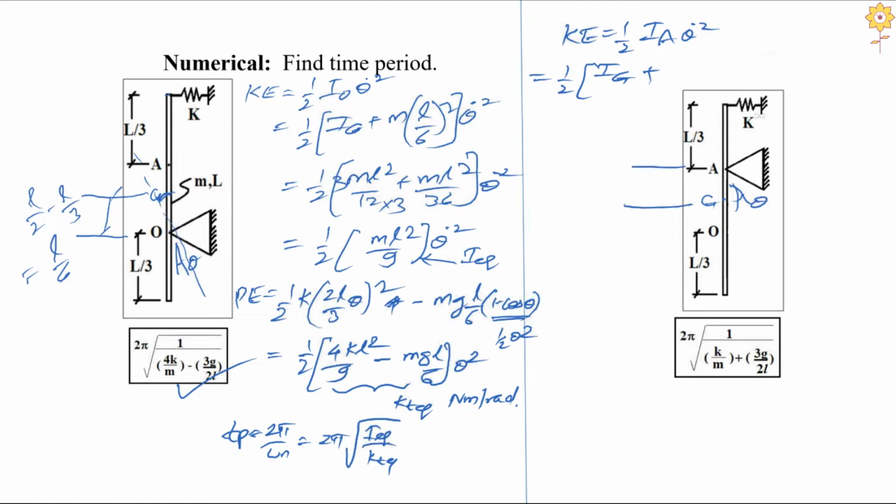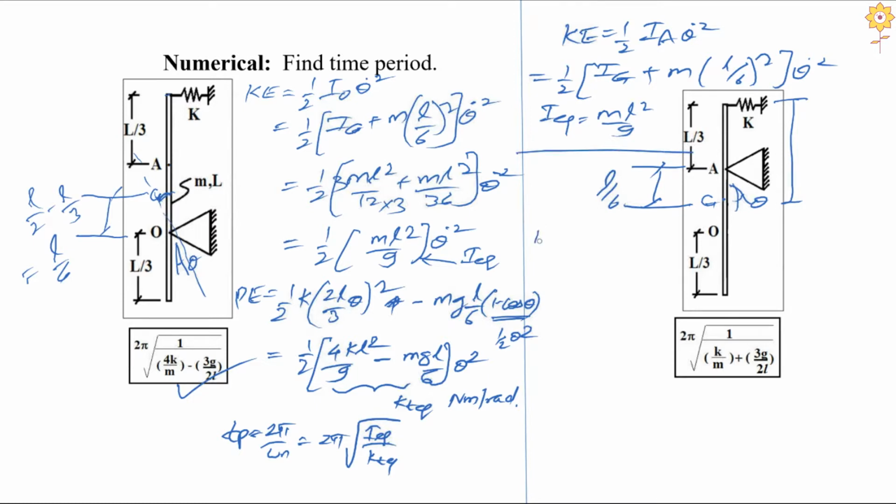So again I am having this distance as L upon 2 minus L upon 3, which is L upon 6, right? So it is m into L upon 6 squared, theta dot squared, and basically you end up with the same thing. So I will write directly here I equivalent equal to mL squared by 9 kilogram meter squared, right?